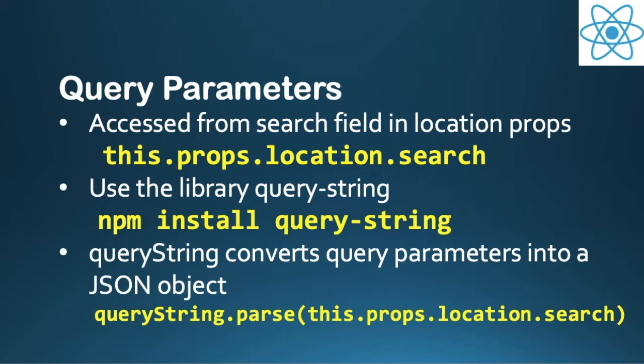And to use them, we will use the library query string. So go ahead and install it using npm. So npm install query string. What this does is it takes this location.search and just returns a JSON object. So if we just do query string.parse this.props.location.search, this library will just return a JSON object with name value pairs or key value pairs, wherein key is the name.